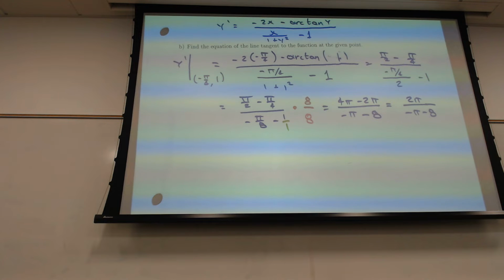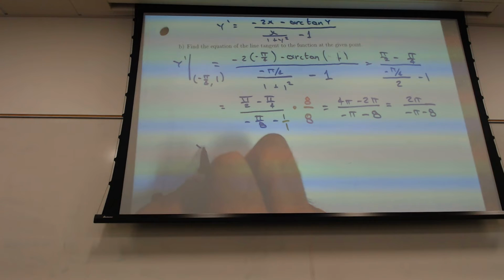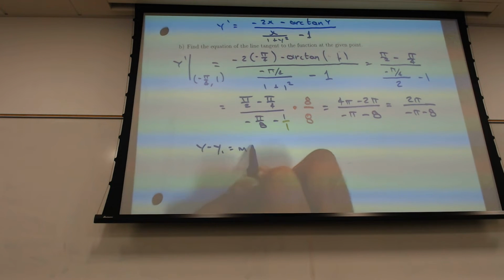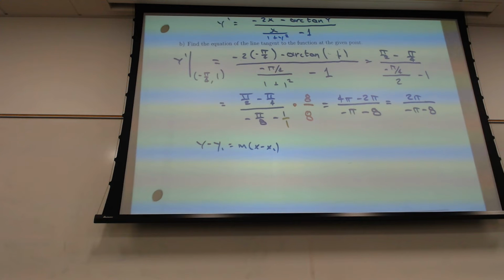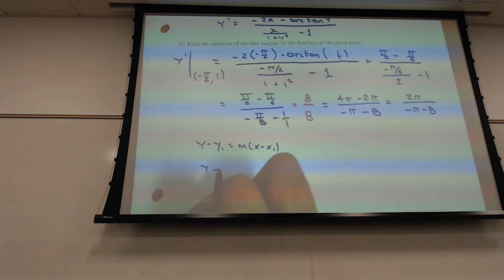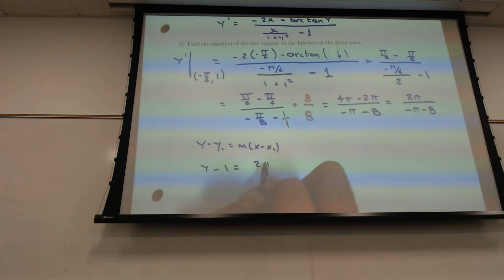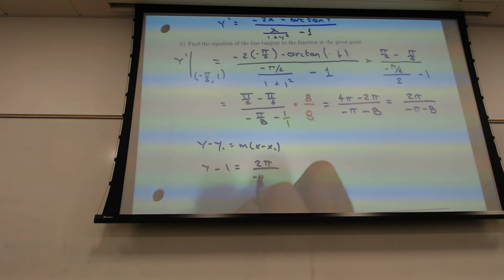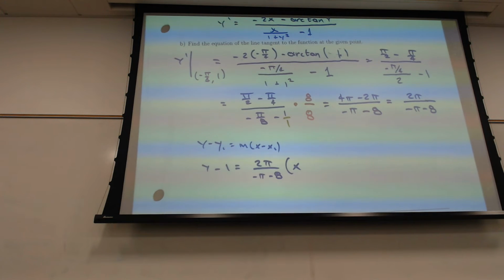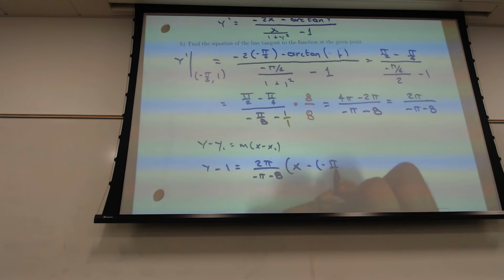All right. So now to get the equation of the line that is tangent to a given point, there are two elements that we need for that. What are those two elements? You have a point and a slope. Do we have a point? Yes. Do we have the slope? Well, we just found that, right? So y minus y1 equals m times x minus x1, and that's y minus y1, which is 1, equals m, which is this funky number, times x minus negative pi over 4.